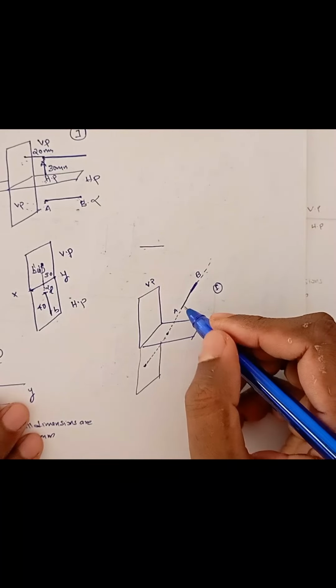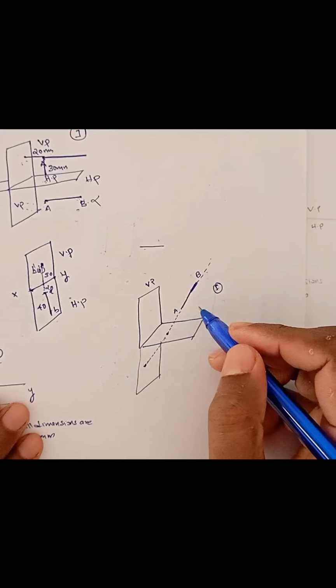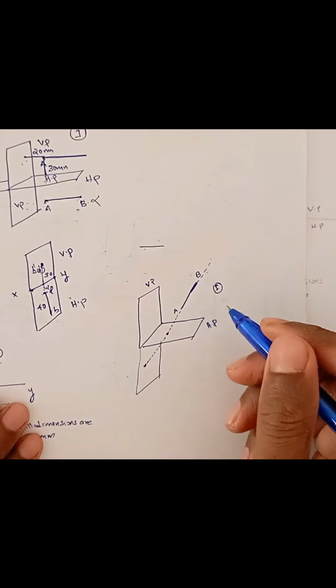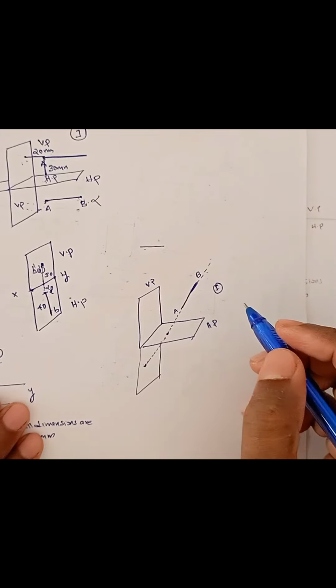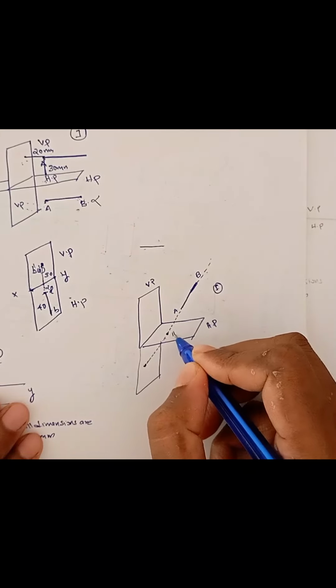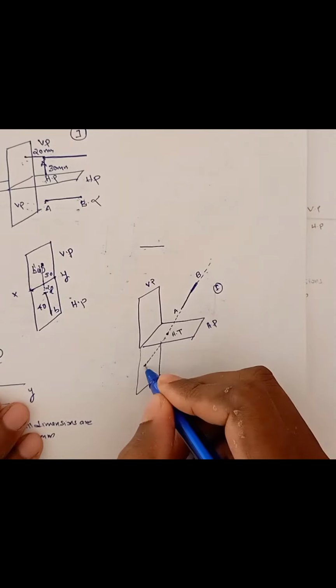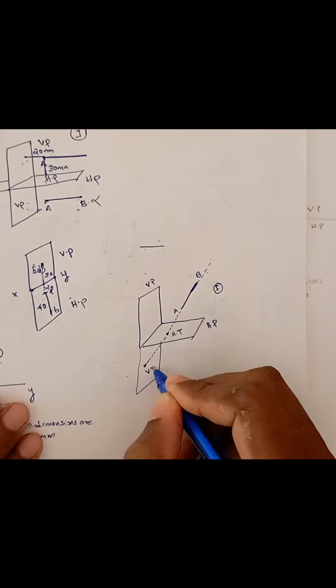So what is a trace? If you extend a line and the line meets the horizontal plane at a point, that point is called the horizontal trace. If the line meets a point in the vertical plane, that point is called the vertical trace.